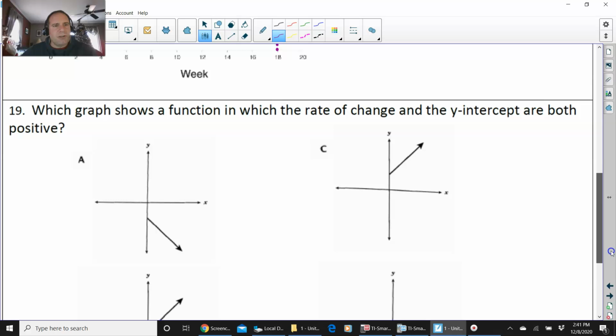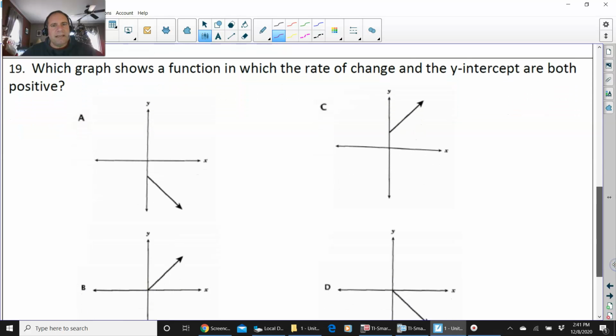Number 19, which graph shows a function in which the rate of change and the y-intercept are both positive? So rate of change, I'm just going to look, the rate of change going down, that's a negative rate of change. That's out. This is up, so that's positive. So that might be the answer.